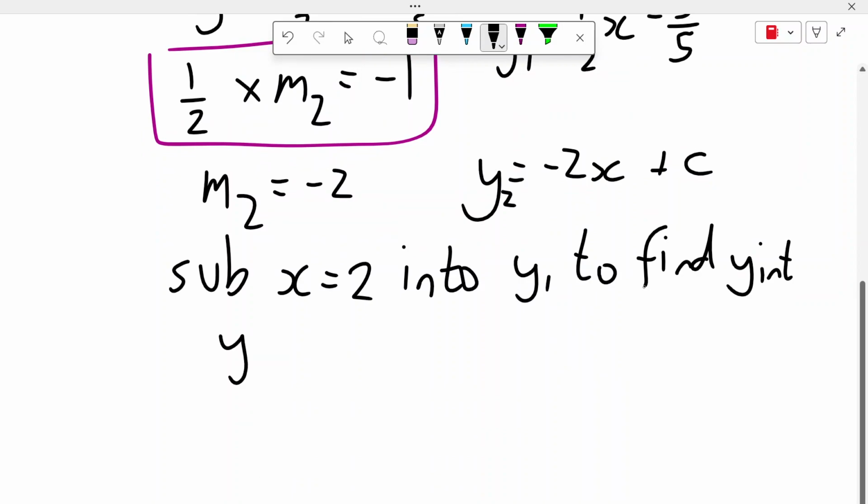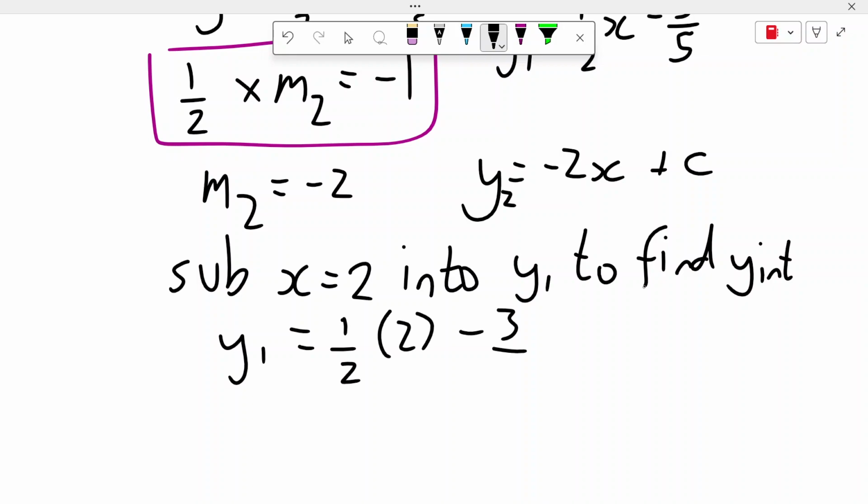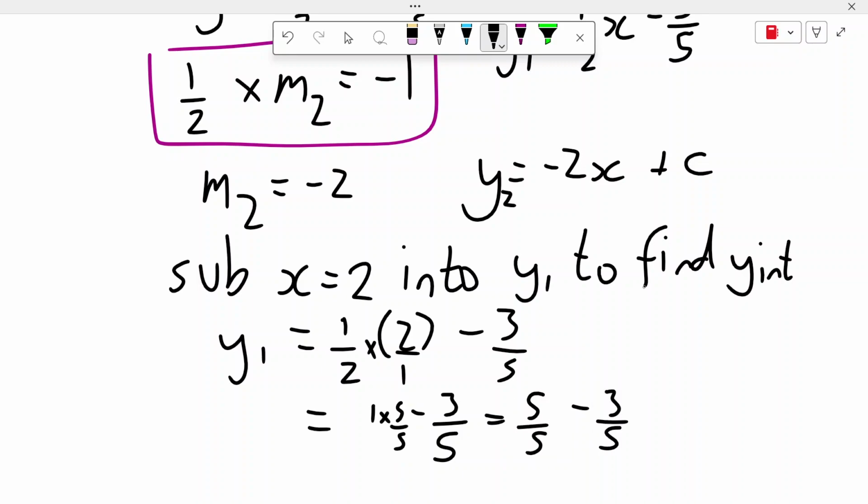Okay, so let's do that. We've got y1 is equal to 1/2 times 2 minus 3 on 5. Half times 2 is equal to just 1, minus 3 on 5. And we can times this by 5, and we can do the reverse of splitting them.